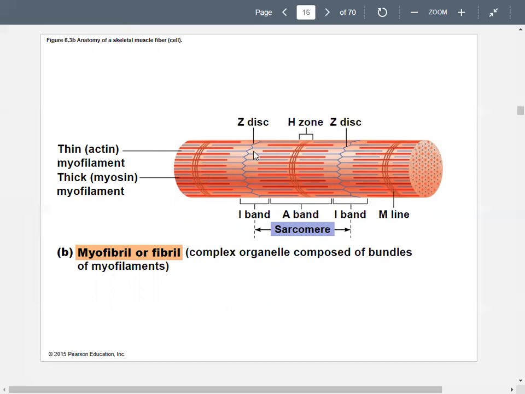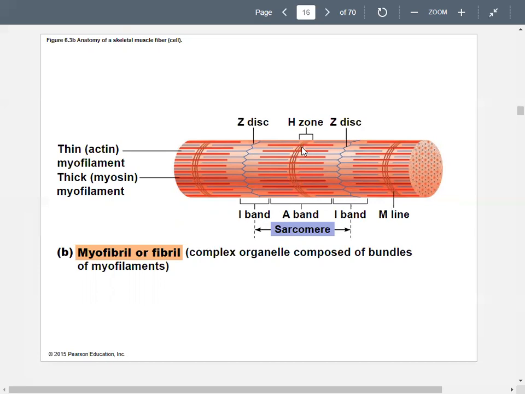All right, so y'all see how this line kind of zigzags? Zigzag starts with the letter Z. So this is your Z disc, okay? Now, this line here, what I want you to do is be kind of creative.